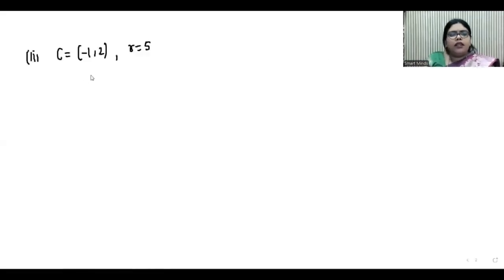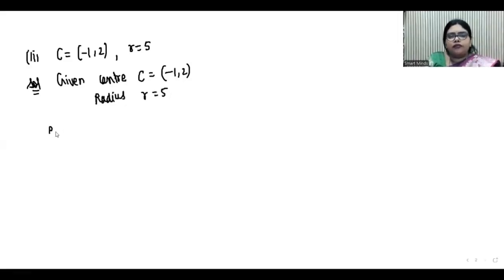The same way, let us see how to do this second bit. So again, we will write given center and radius. Given center C is equal to minus 1 comma 2 and radius R is equal to 5.